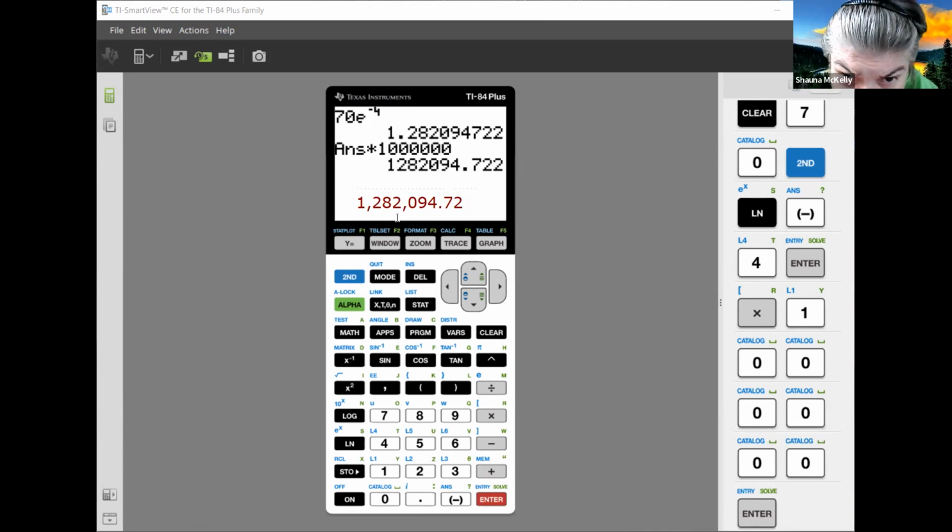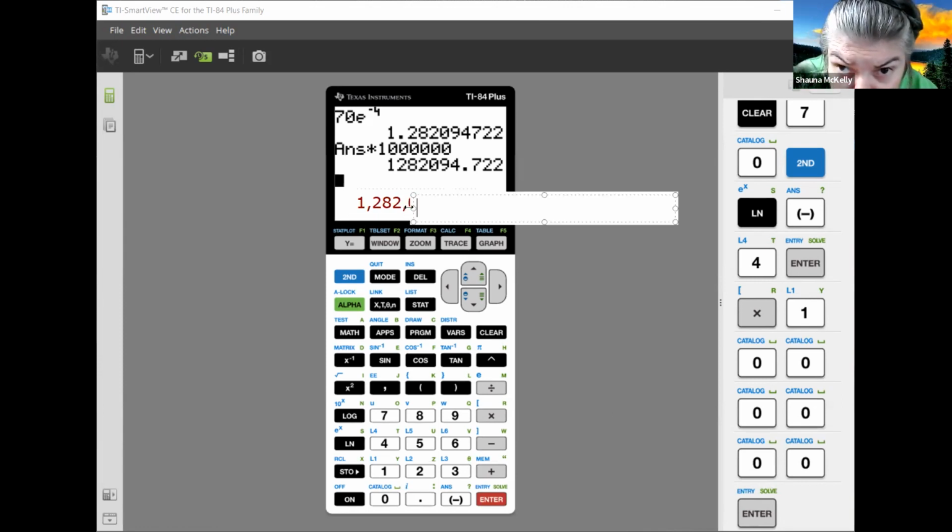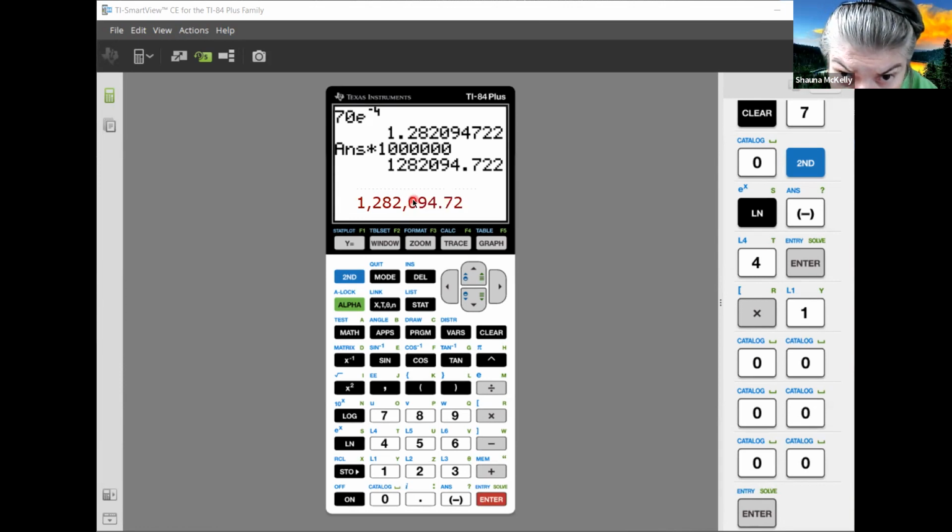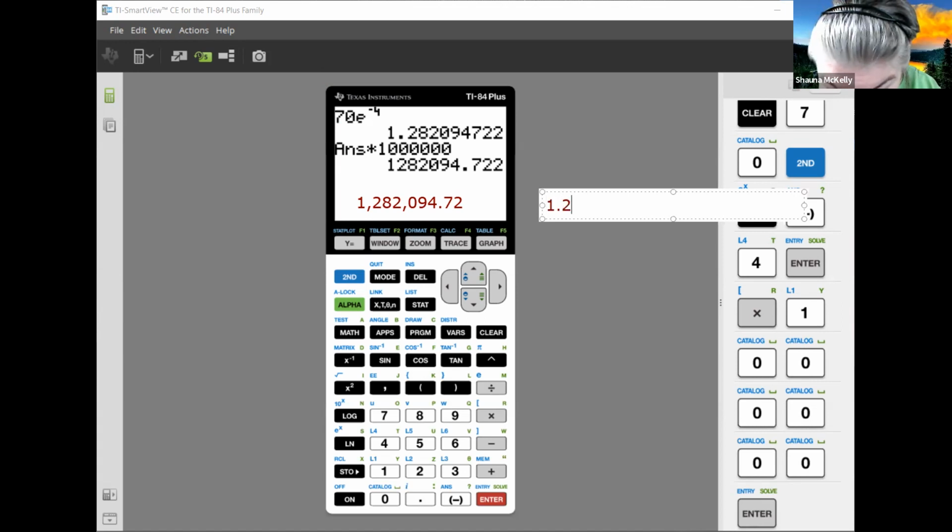Well, we see that I have a 0 here after the 2. So this is going to stay 1,282,000. Now, I think what most of you entered here was either 1.282, or some of you entered by mistake 1.283.